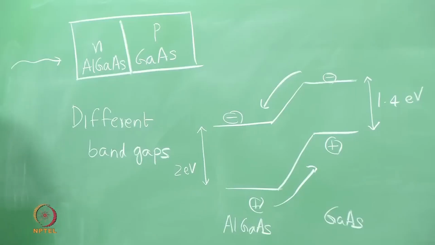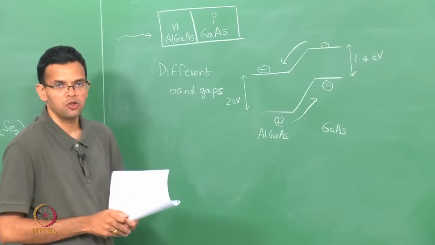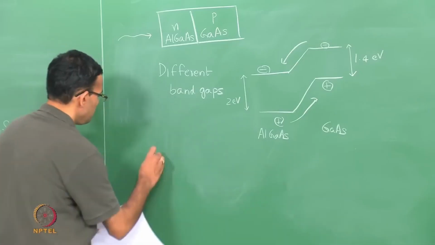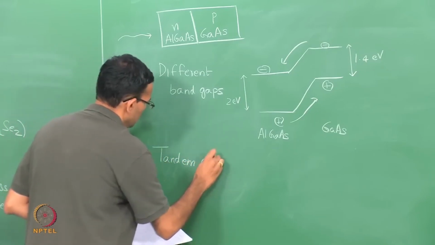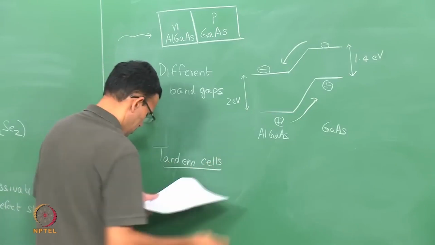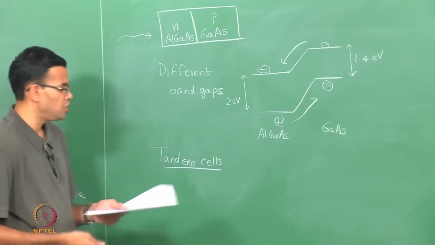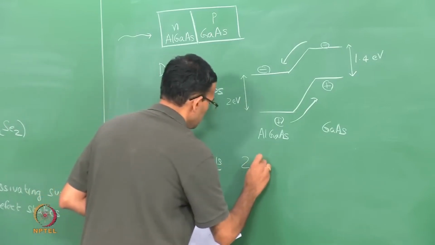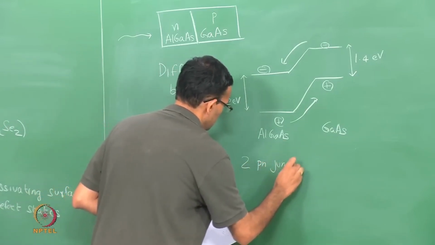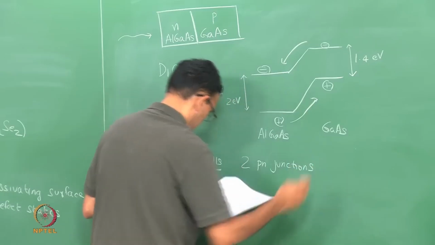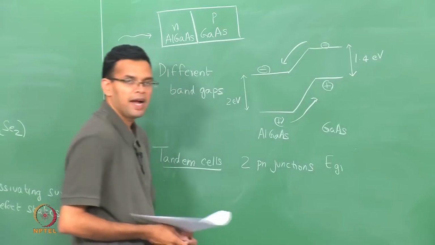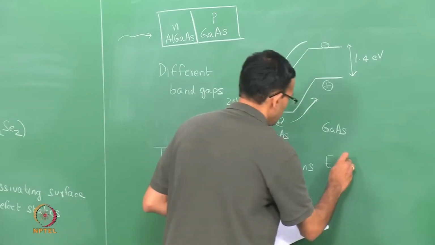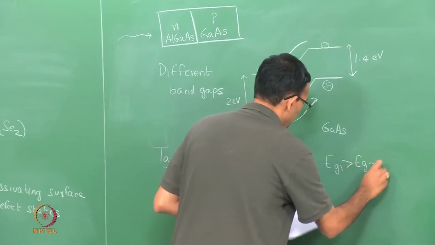You can have also solar cells that are in tandem, which means you have one solar cell on top of the other. So, you have two p-n junctions and you choose your material in such a way that the band gap of the first material is greater than the band gap of the second.